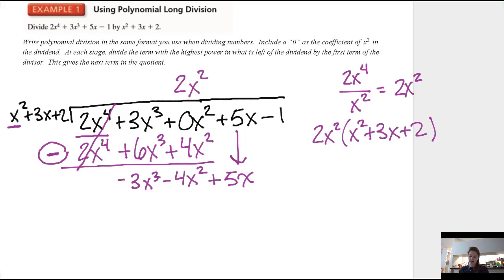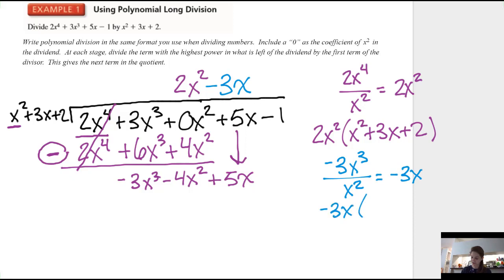I'm going to divide the highest power in what is left of the dividend, negative 3x cubed, by the highest power of the divisor, x squared. What I get is negative 3x. So the next term in my quotient is negative 3x. Now I'll take this negative 3x and multiply it by the divisor, x squared plus 3x plus 2, to get the next polynomial, and then I'll subtract.